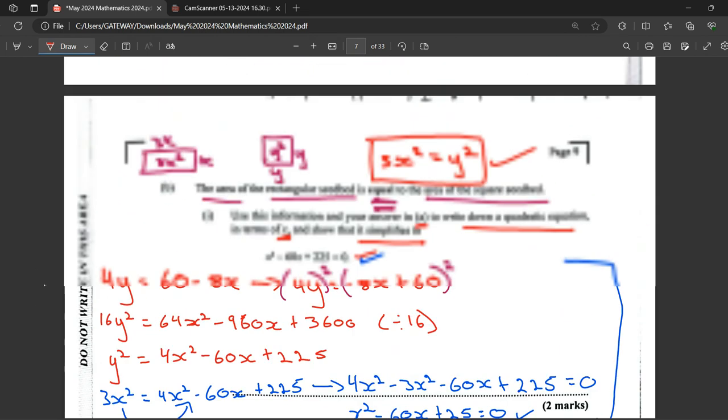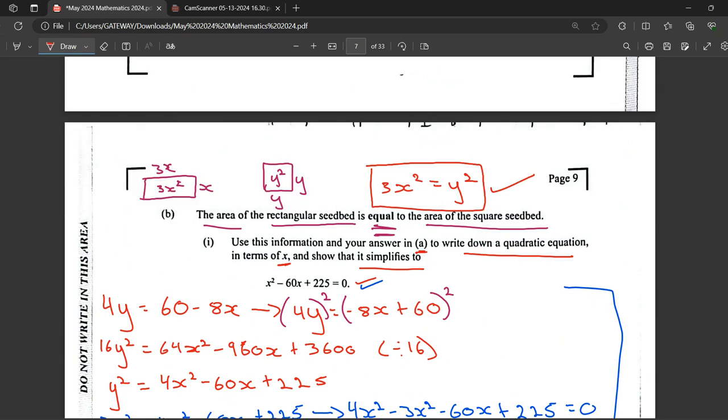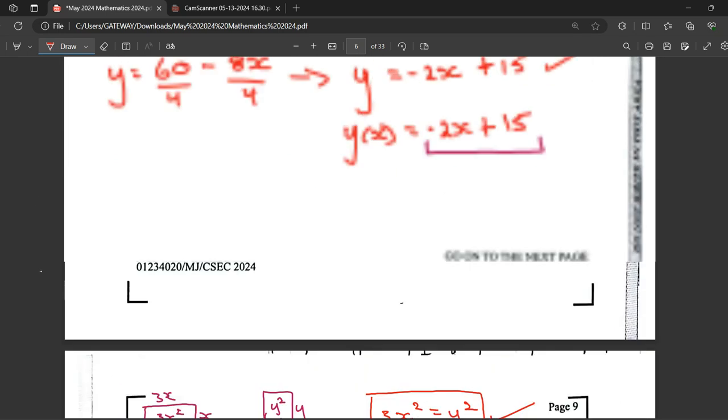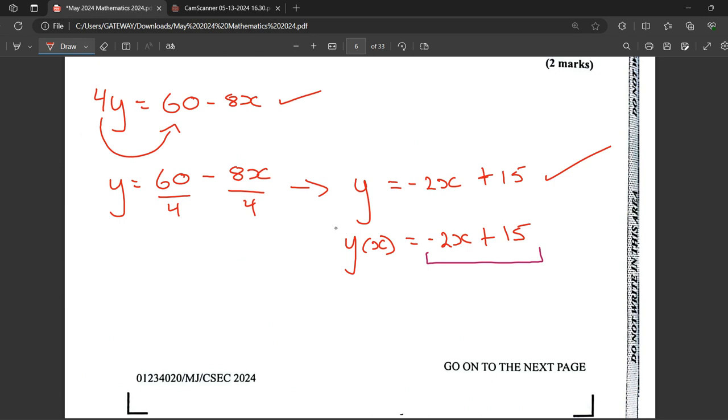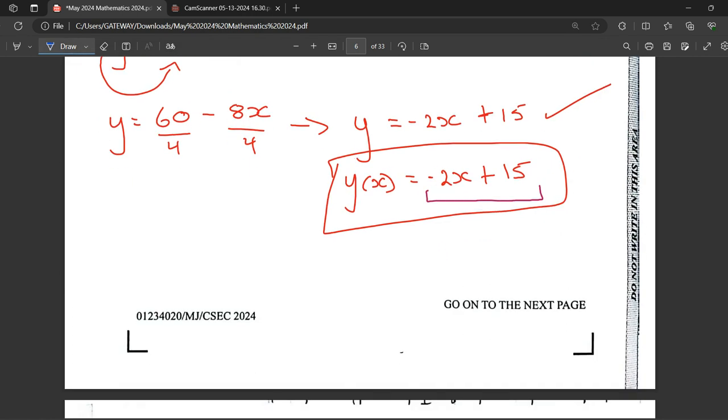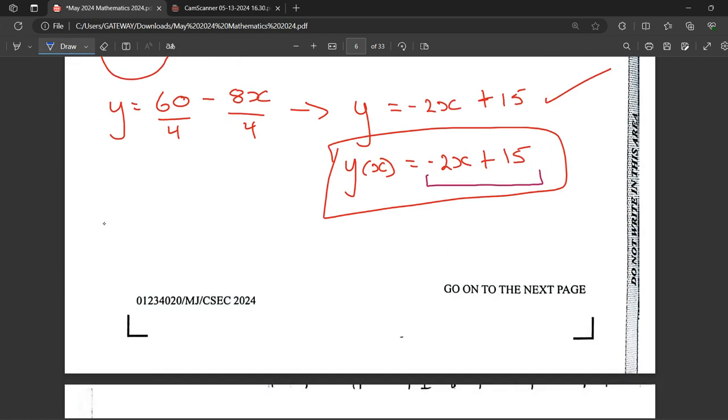But wait a minute. Remember we did get y up here. y was the length of the square. If we plug in the two x values, remember we had two x values, let me see what we get.